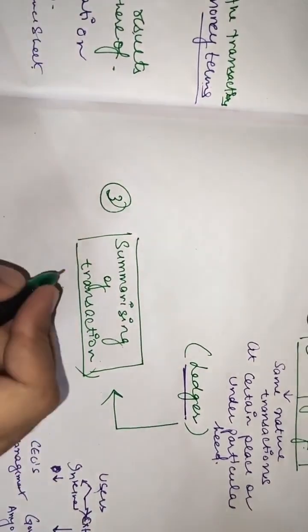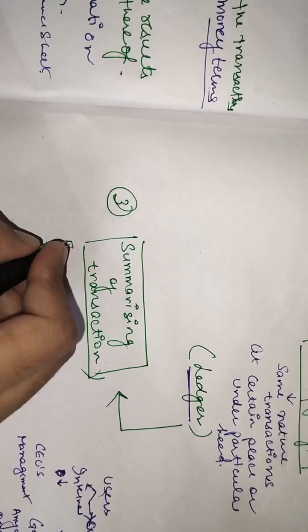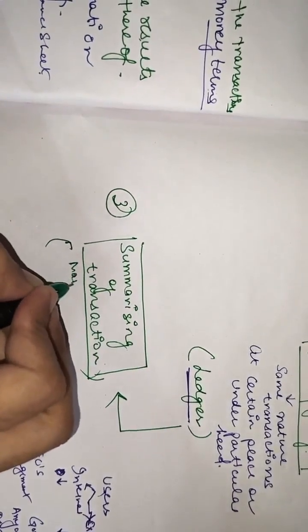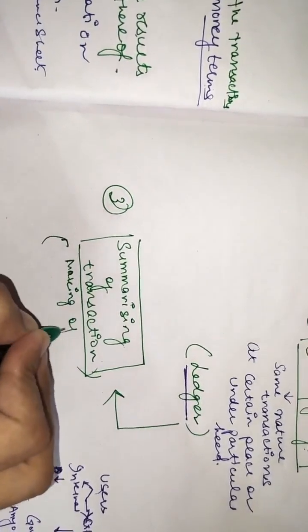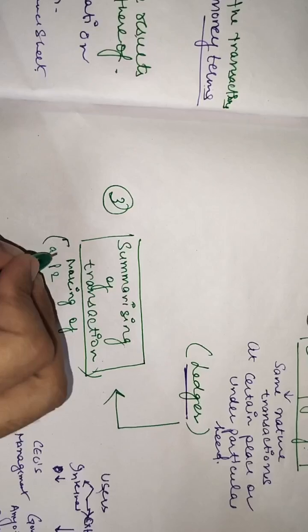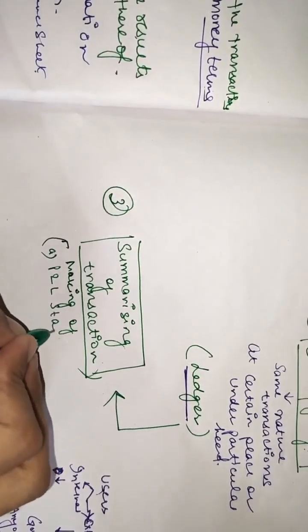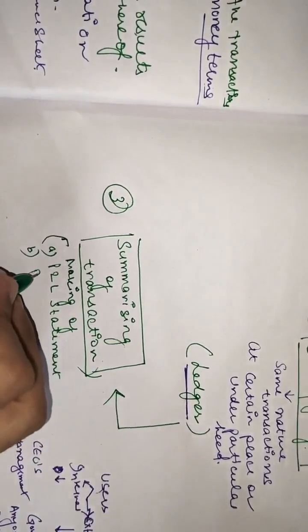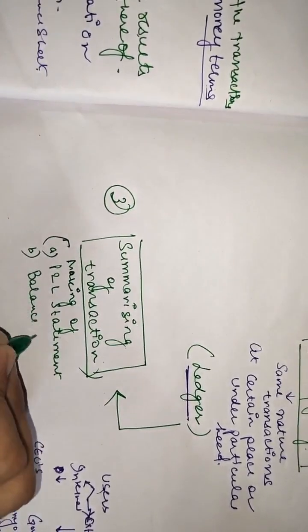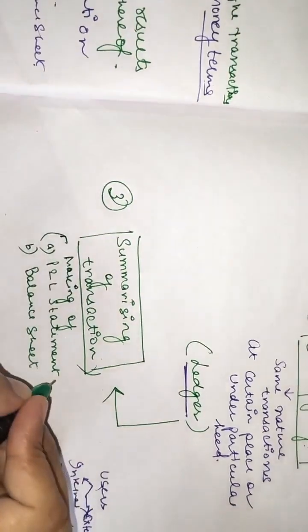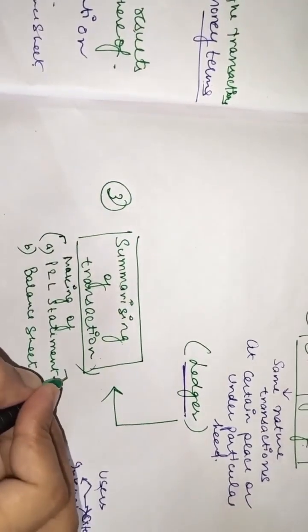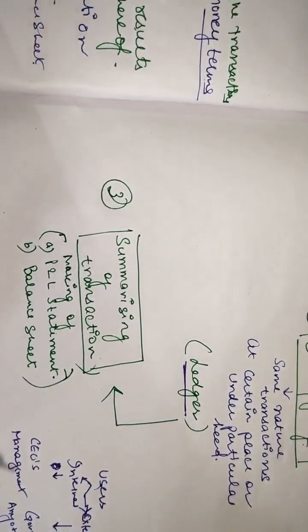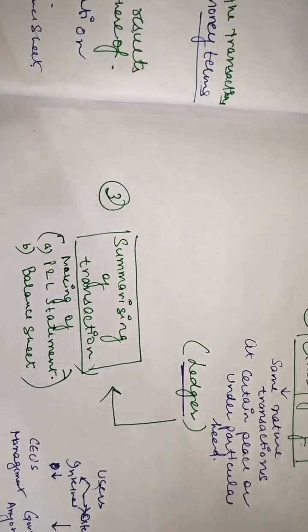So what summarizing basically involves is making of P&L statement and balance sheet. What P&L statement shows is the profit or loss for the business, and what balance sheet shows, that shows the assets or the liabilities for the business.